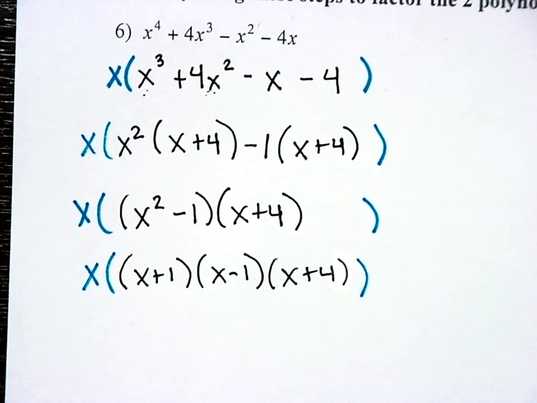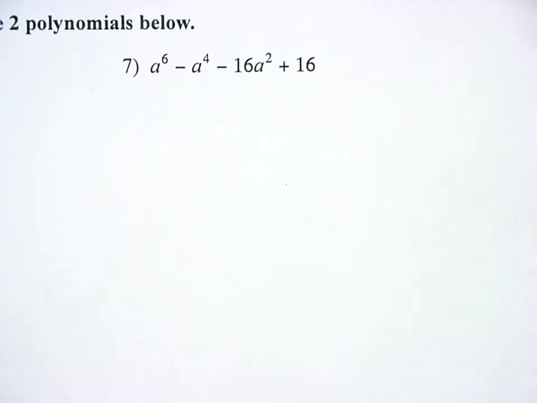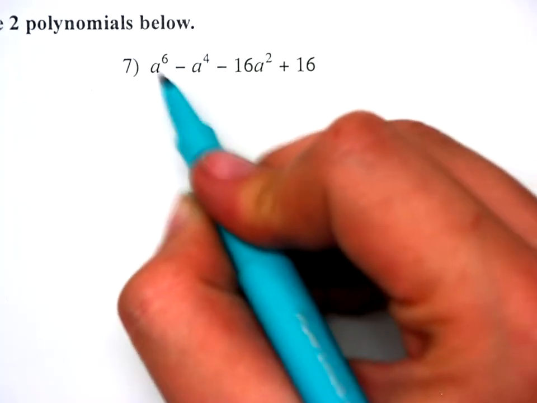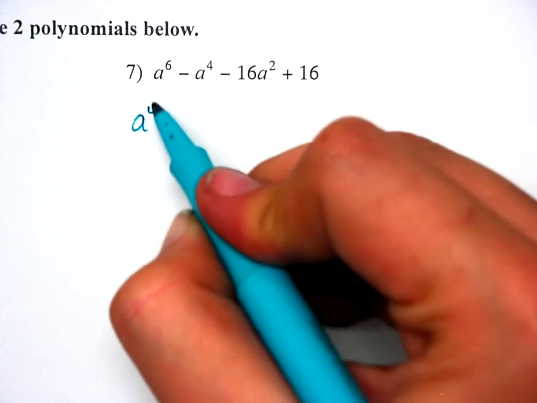All right, the next one, a little more work on this one. Again, ask yourself, can you factor out a GCF out of all of the terms? You cannot, so we are going to move forward and start our grouping. So I'm going to see, okay, my greatest common factor for my first 2 terms is a to the 4th.